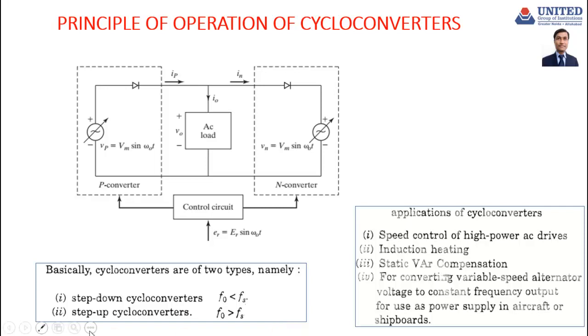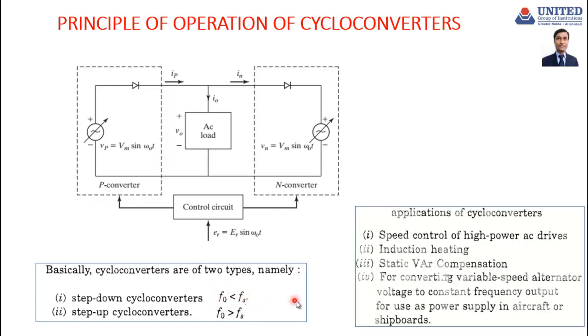So in general, cycloconverters are of two types. First one is step down cycloconverter and second is step up cycloconverter. In case of step down cycloconverter, the output frequency is less than supply or input frequency. That is, here f naught is less than fs.